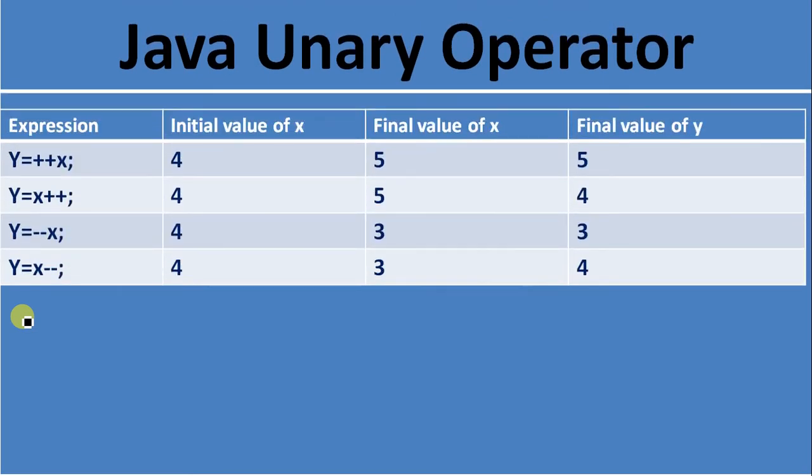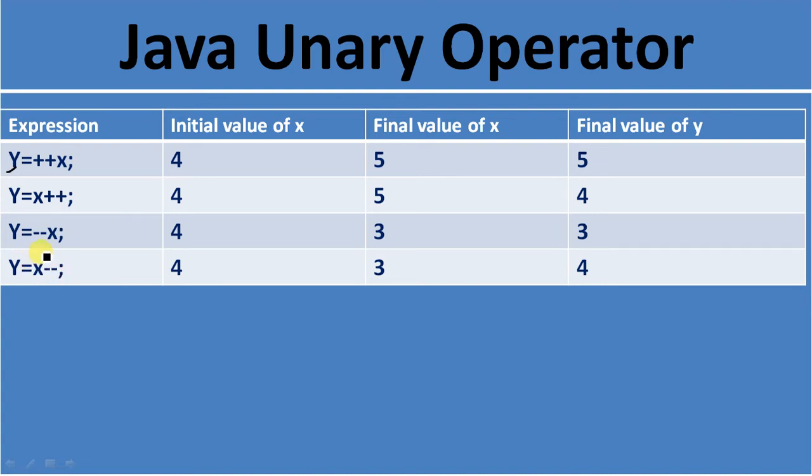So here are some expressions. We will discuss how the unary operator is increasing and decreasing the value of a variable. The expressions are y equal to plus plus x, y equal to x plus plus, y equal to minus minus x, and y equal to x minus minus.